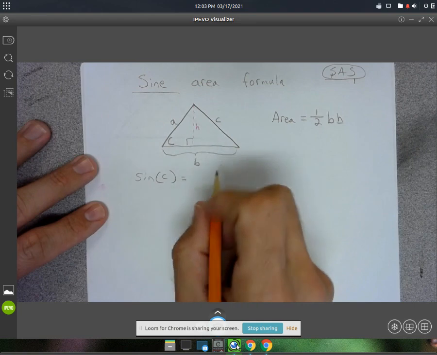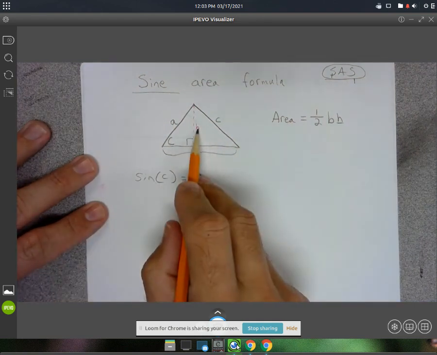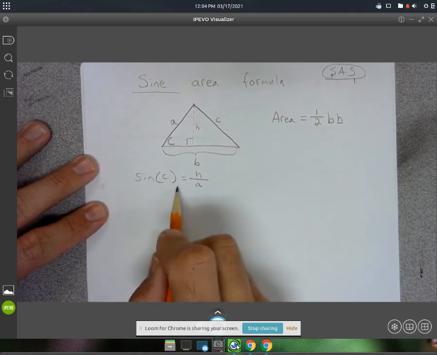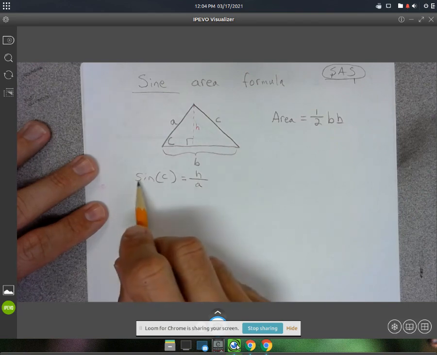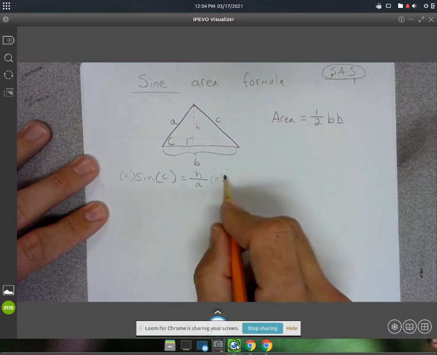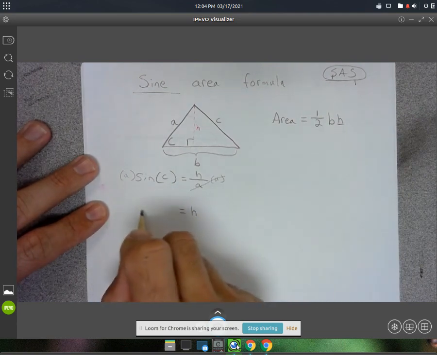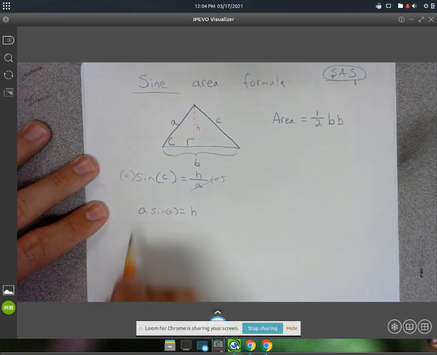Opposite is going to be h, and hypotenuse is going to be a. Take this little expression, and I'm going to solve for h. If I multiply by a, the a's cancel, and I get h is equal to a sine of c.